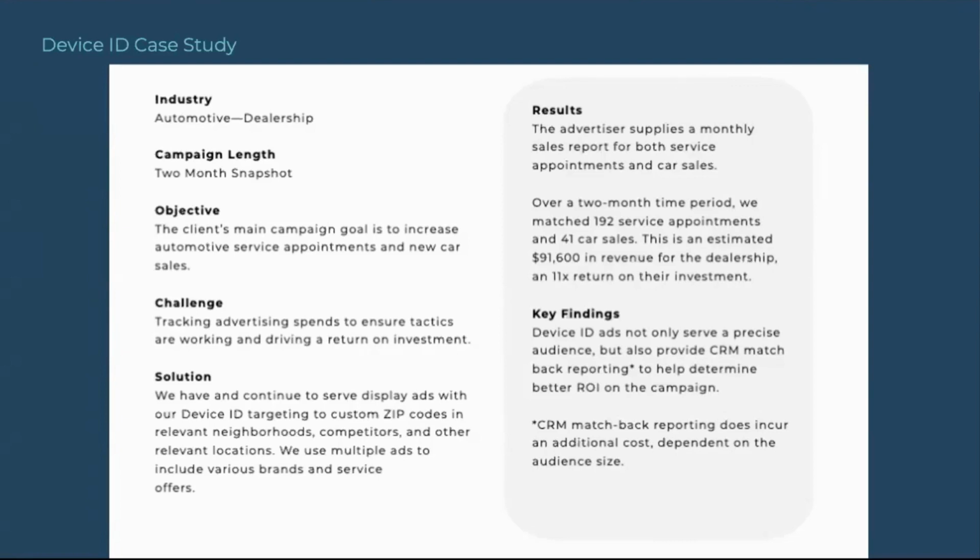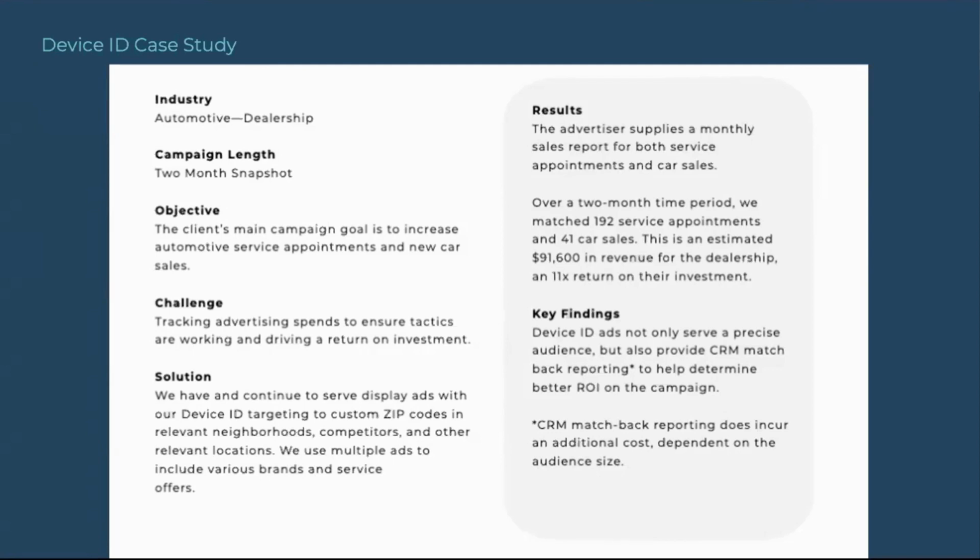So the advertiser supplies a monthly sales report for both service appointments and car sales. Over a 2-month time period, we were able to match 192 service appointments and 41 car sales, which was an estimated $91,000 in revenue for the dealership, which was about an 11 times return on their investment in just 2 months.